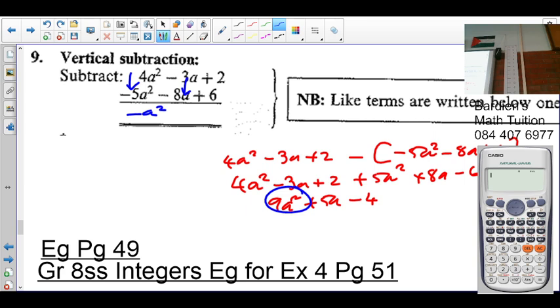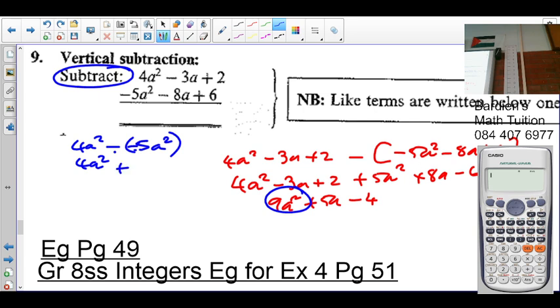So importantly, when we see the word subtract, it's then going to be 4a squared minus 5a squared. Can you see that? And what is negative times negative? Positive 5a squared, which is 9a squared. You guys understand? So let's look at the next one.